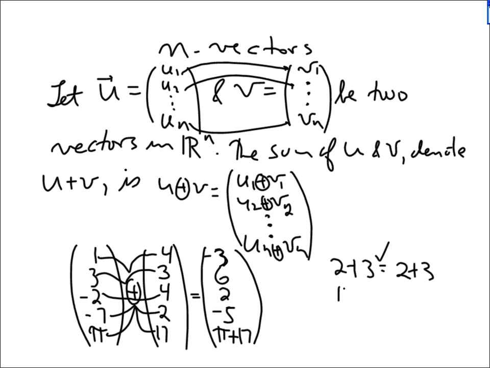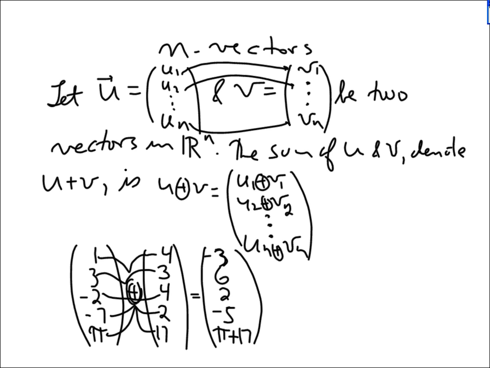The nice thing is somebody asks you what pi plus 4 is, you're allowed to say it's pi plus 4. It's easier. Don't let pi and e and numbers like that bother you. The square root of 7 plus 2 is the square root of 7 plus 2. So vector addition is nothing major.